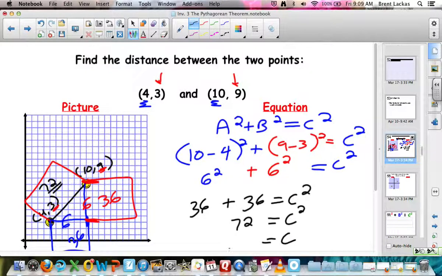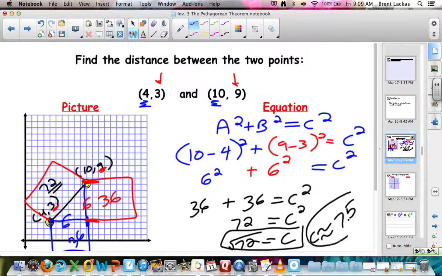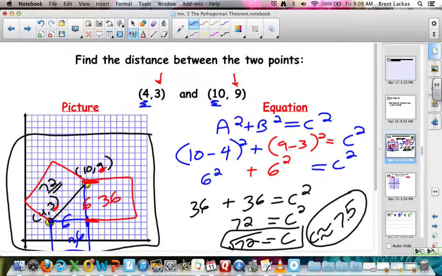And so the actual length of that hypotenuse is the square root of 72, which is approximately 7.4, 7.5, somewhere in there. So you see how we can still do this visually, but you can also see how I am using the ordered pairs over here in the Pythagorean theorem.